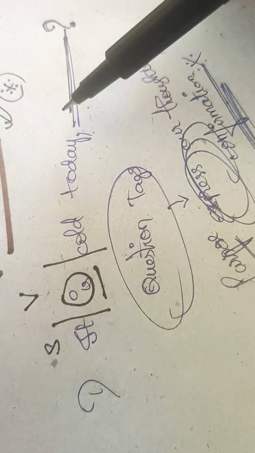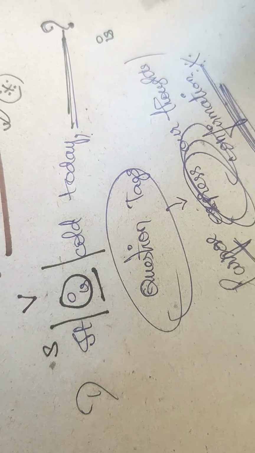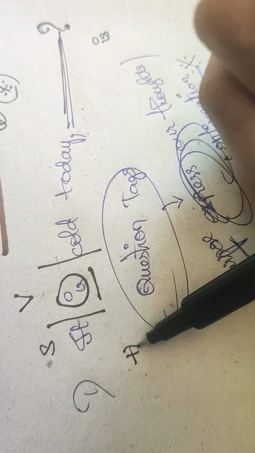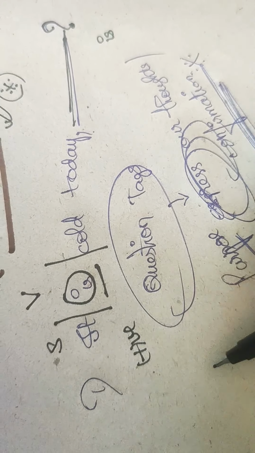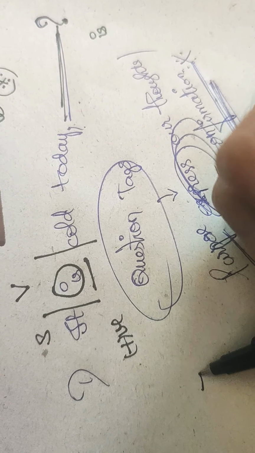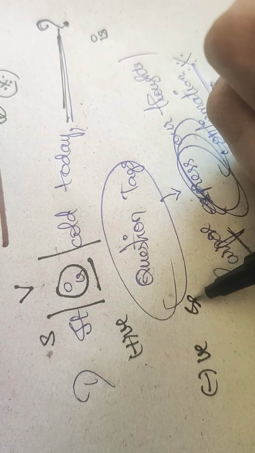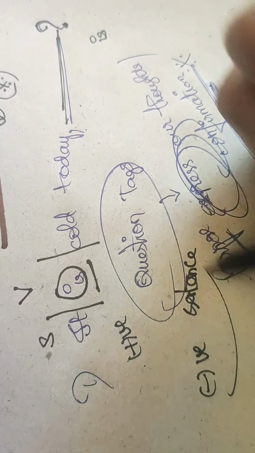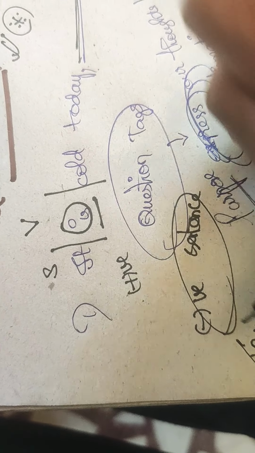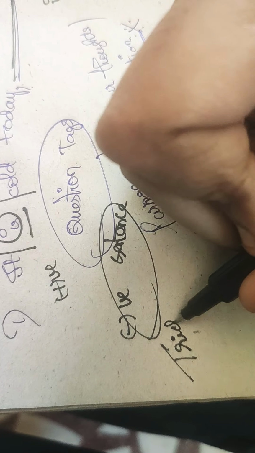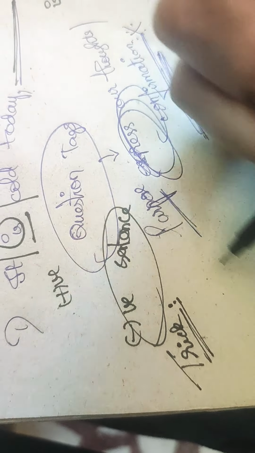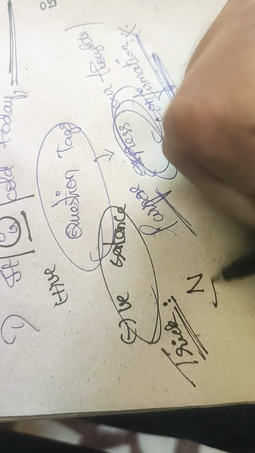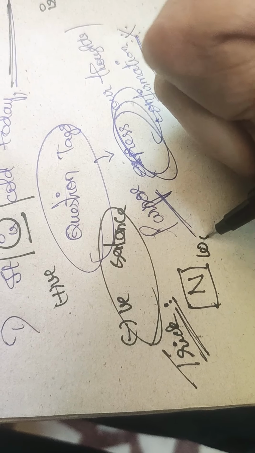Now, is it a positive or negative sentence? Definitely it is a positive sentence. How do I say that? Just remember the trick for negative sentences: you should look for an N word.